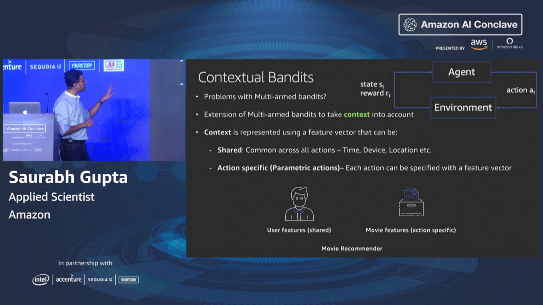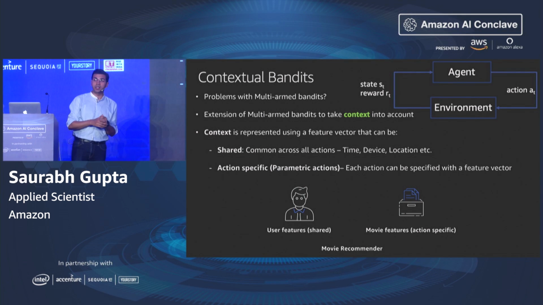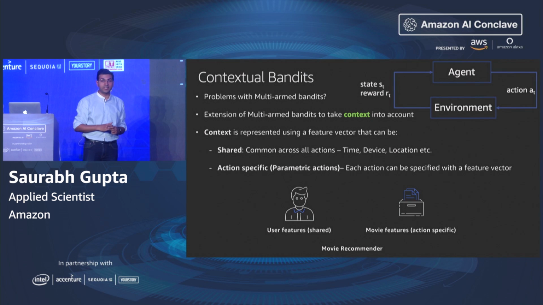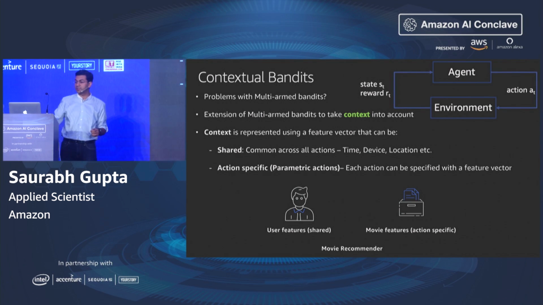Shared context, in the context of a movie recommender system, becomes the user features because these features are shared across all the different items or the arms whenever the bandit wants to make a decision. Action-specific features are the movie features. So each action can be specified with a feature vector. This feature vector can capture things like what genre the movie is, what's the cast, who's the director, and so on.